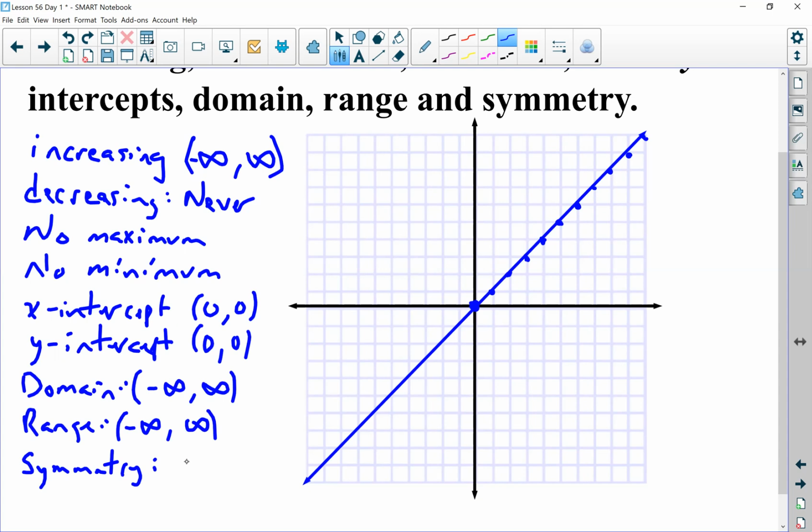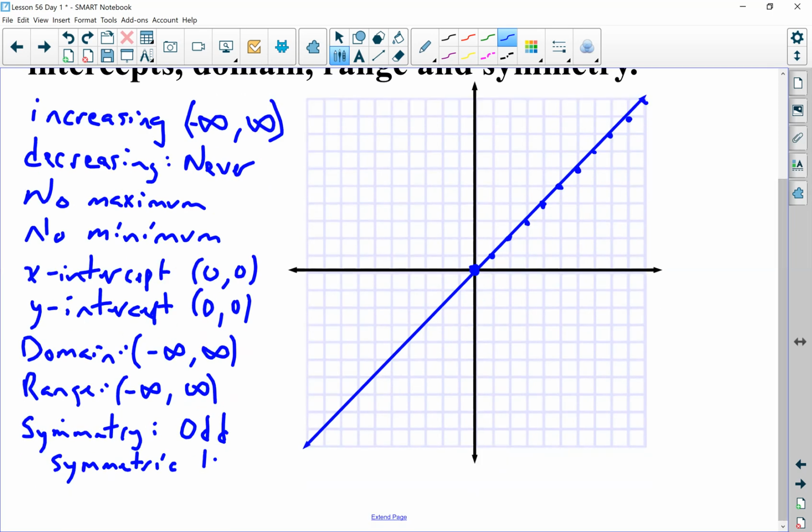So this is an odd function, which means it is symmetric through the origin. And so you will be looking at graphing different linear functions as part of your assignment today.